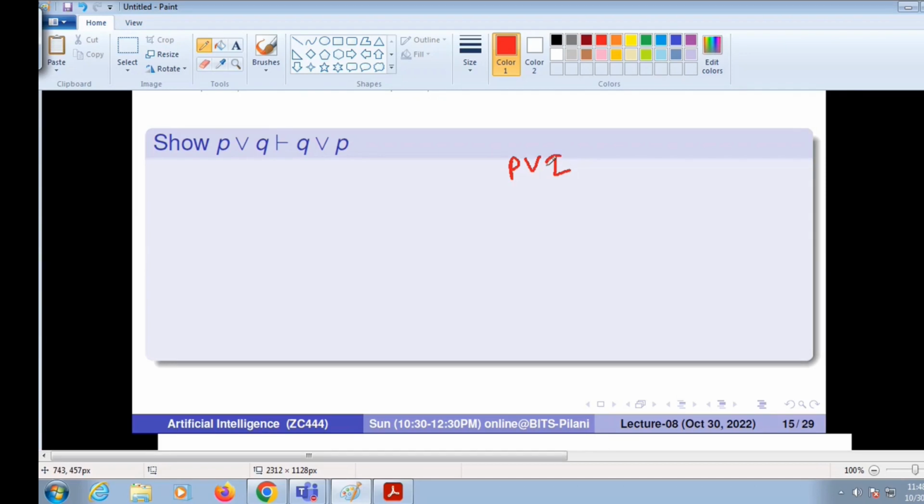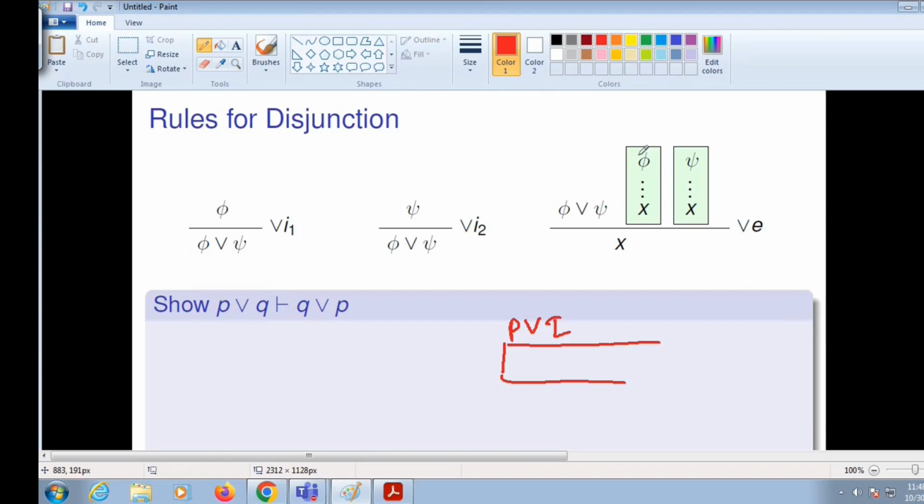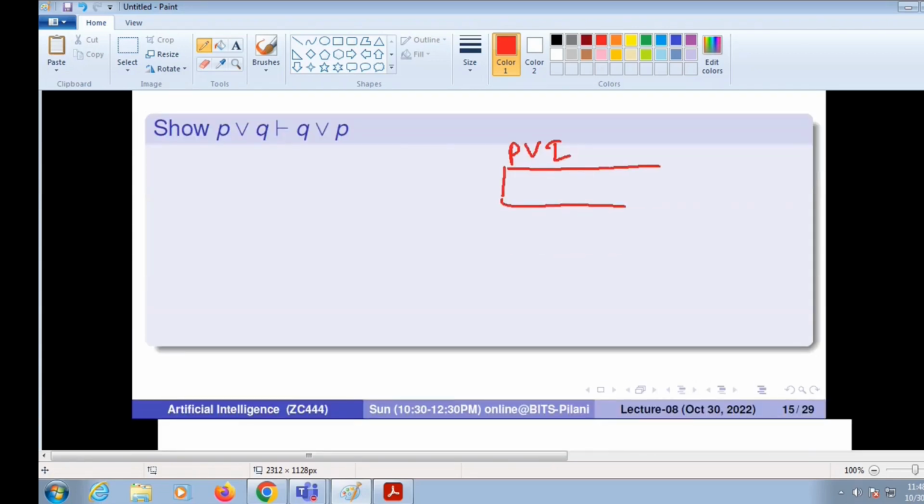how can I say that QRP? Can I say that I have P? No, I cannot say this. But this says that I can create two boxes, where on one side there is phi and on the other side there is psi. So I can create two boxes side by side.